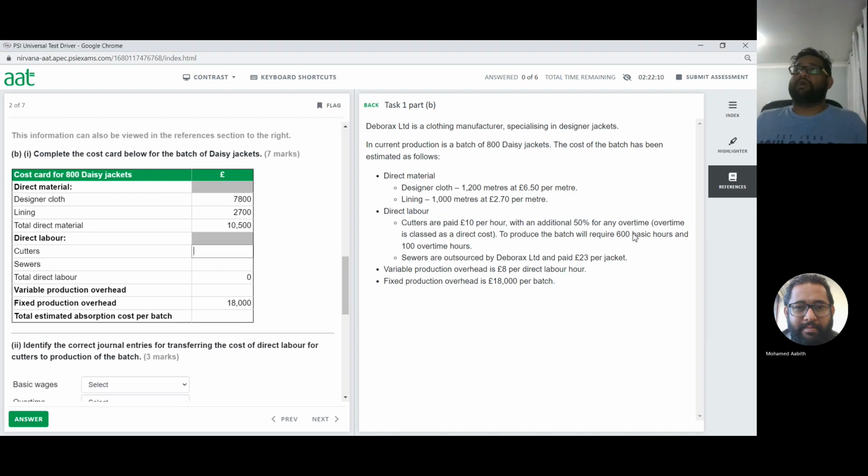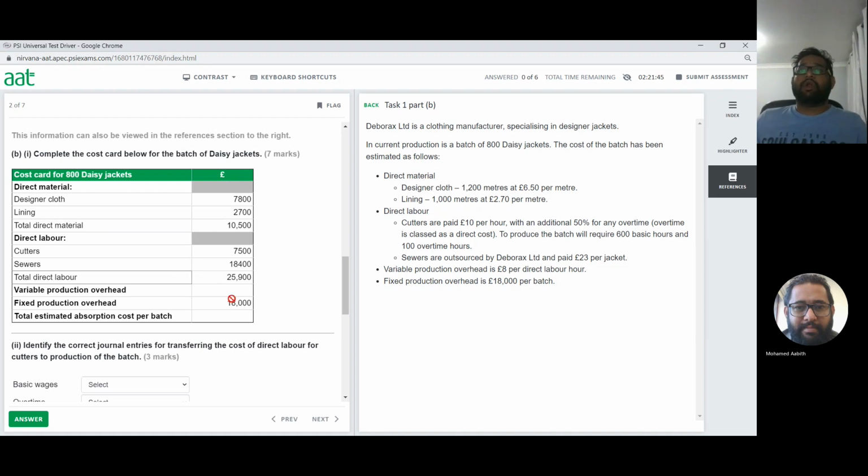So there will be 6,000 plus 1,500, which is 7,500 for the cost of cutters. Sewers, on the other hand, get a flat rate of 23 pounds per jacket. So I'm going to multiply 23 pounds by 800 jackets, which we have ordered right at the top of here. That will give you 18,400 as my sewers cost.